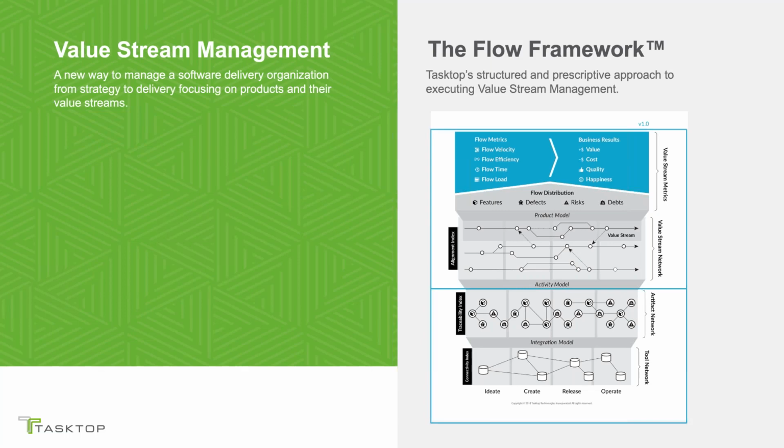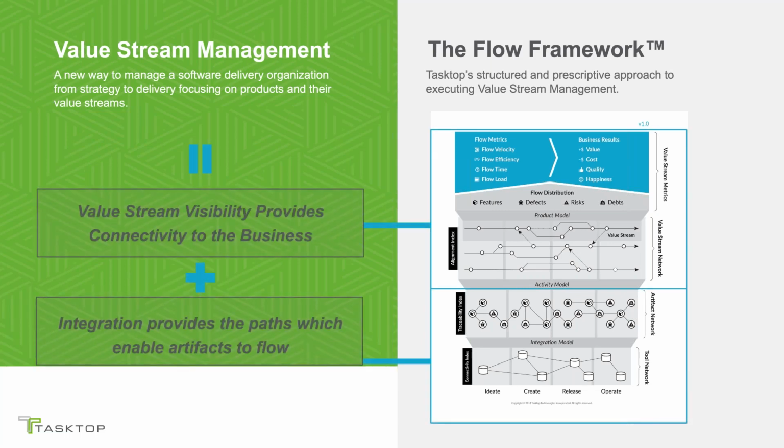And how that ties together is, at the bottom, you want to integrate your tools together, and then you add that to the visibility into your value stream, and that gives you the connectivity to the business. So it is a multi-step approach. And as I said, value stream management is an industry term. It's not something that we made up.